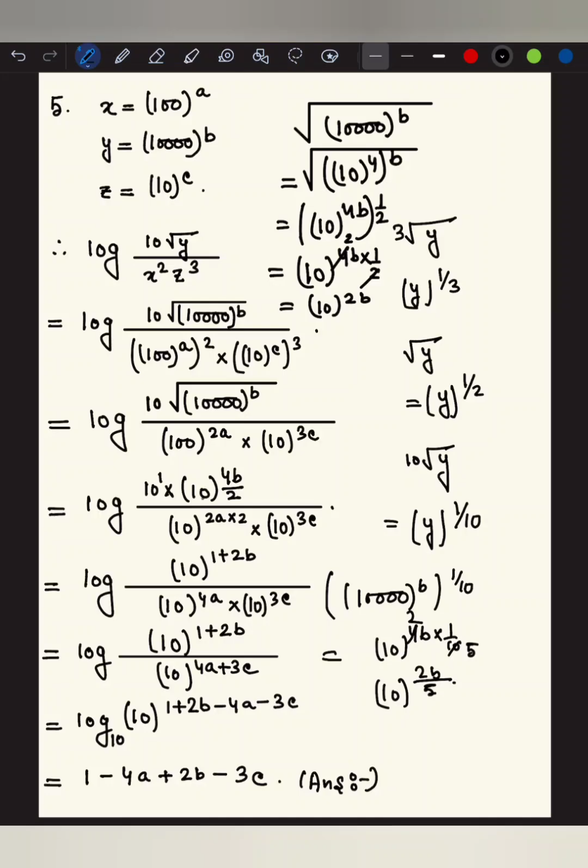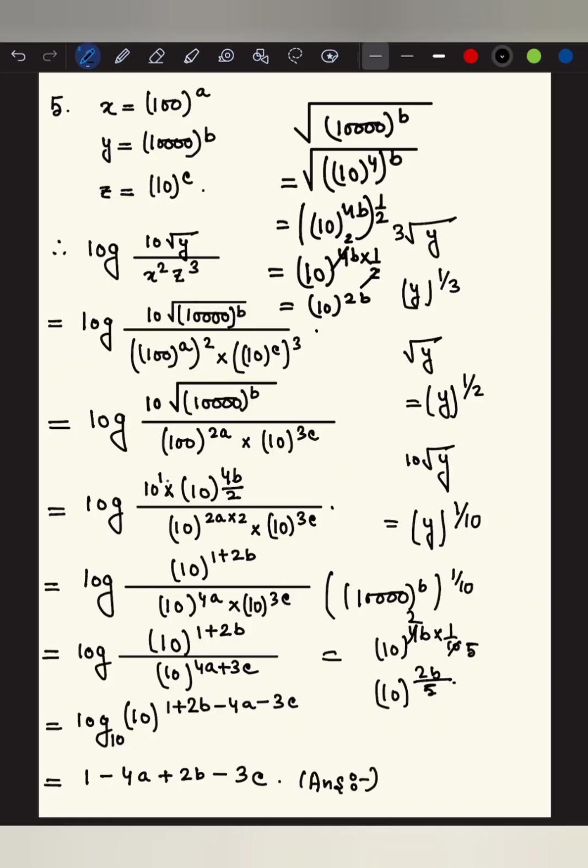So 10 to the power 4b by 2 whole divided by this 100 can be written as 10 square, that means 10 square whole to the power 2a, that means 10 to the power 2a into 2. Similarly, this 10 to the power 3c, I have just kept it like that only. So this 10 to the power 4b by 2, this 2 and 4 get divided and it becomes 2b.